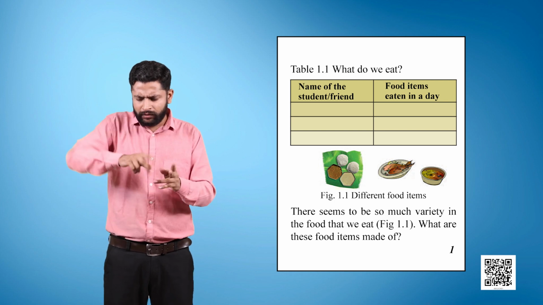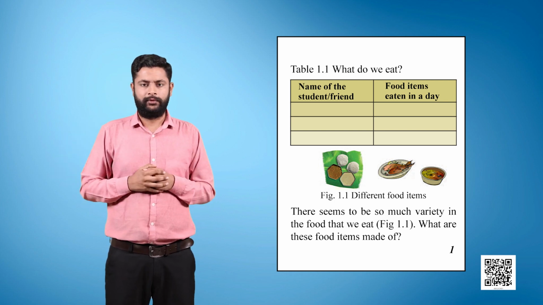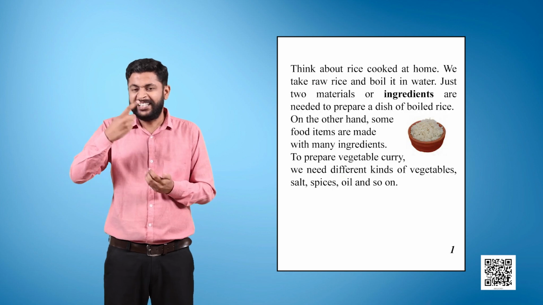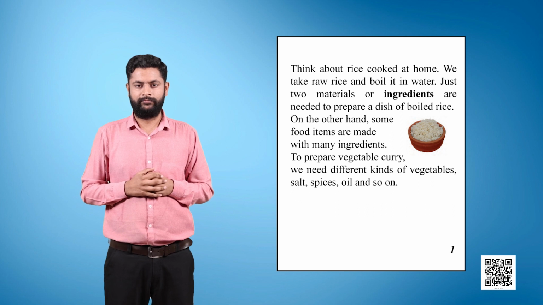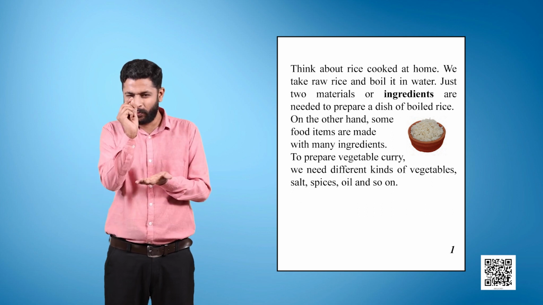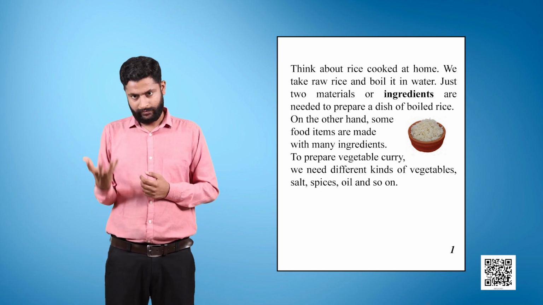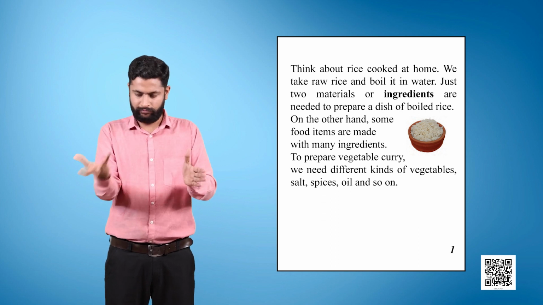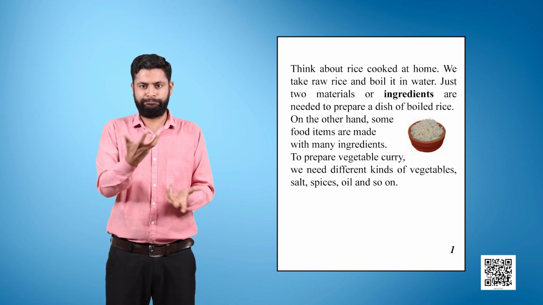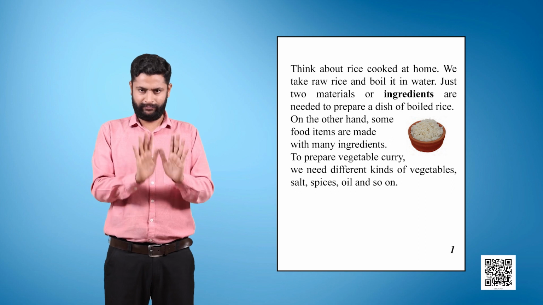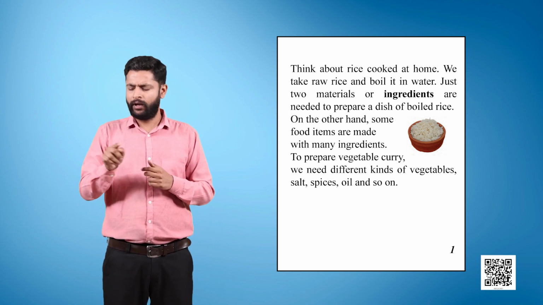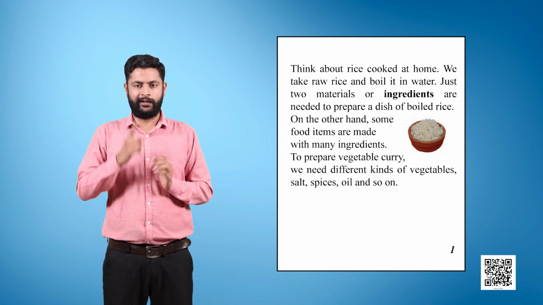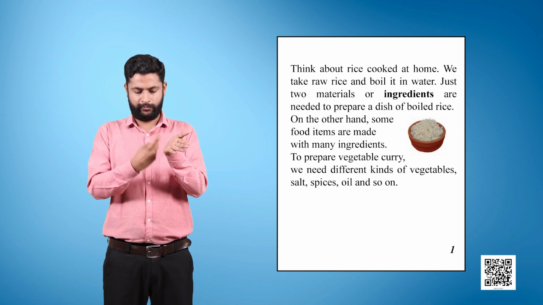What are these food items made of? Think about rice cooked at home. We take raw rice and boil it in water. Just 2 materials or ingredients are needed to prepare a dish of boiled rice.